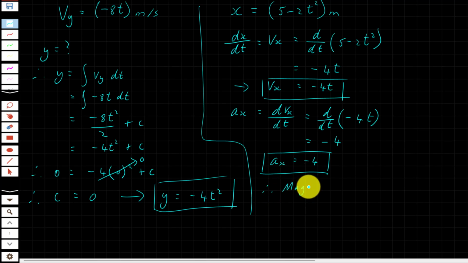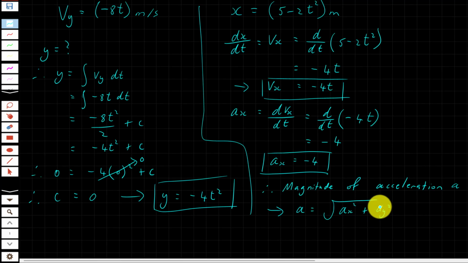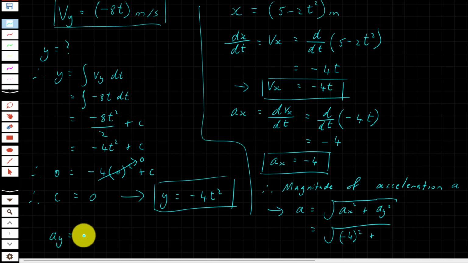We still need to find the acceleration in the y direction, but we can start writing the equation to find the magnitude of acceleration, a, which is the resultant of ax and ay. So a equals the square root of ax squared plus ay squared. We've been given the velocity in the y direction, so to find acceleration we differentiate velocity, that -8t, and so acceleration will be equal to -8.